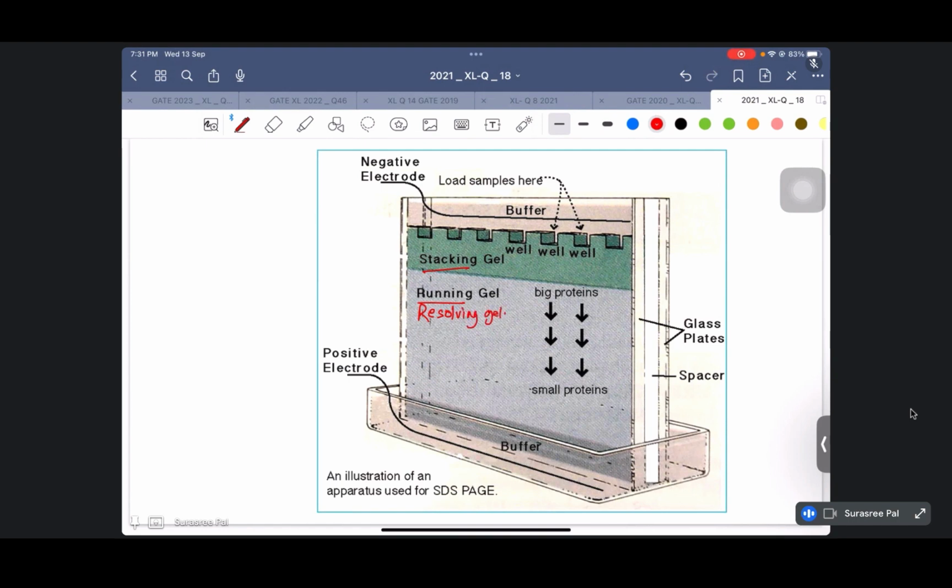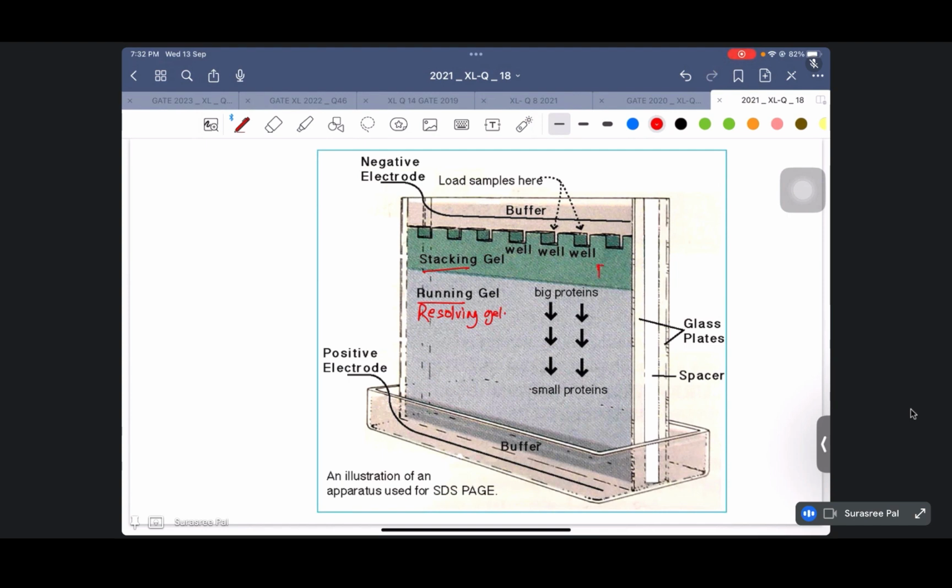Any idea what is the difference between a stacking gel and the resolving gel? Yes, the pH is different.